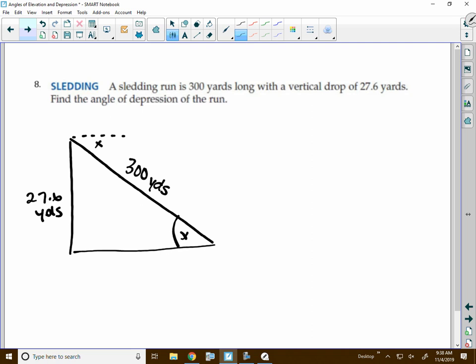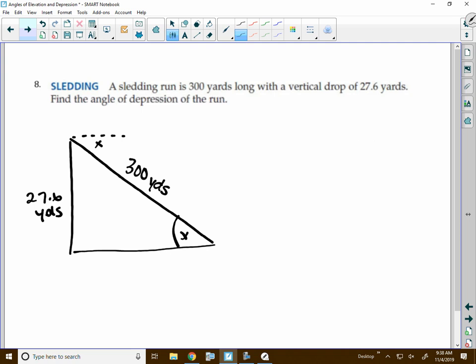There's a drawing if you want to make sure that your drawing is proper. It's a sledding run, friends, right? Wait, why would it be like this? Maybe I don't understand. So the vertical drop from the top to the bottom is 276.